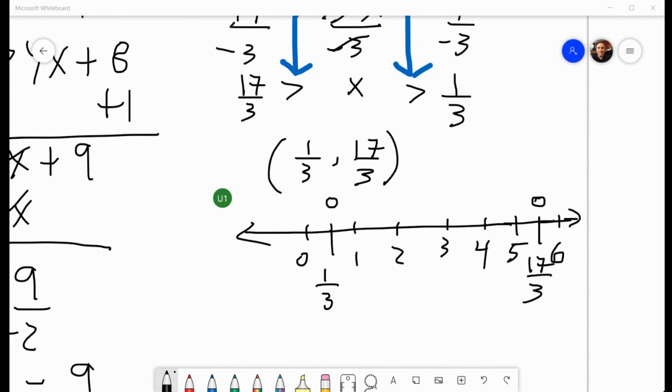We again have open circles over them, because we have the parentheses, and also because we have strict inequality. And then we connect by a line. Like so. So that's this example. Are there any questions on this?